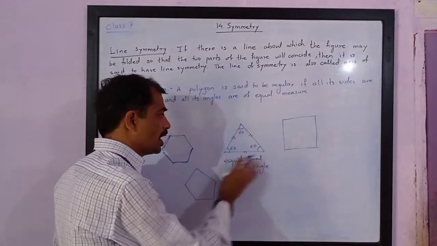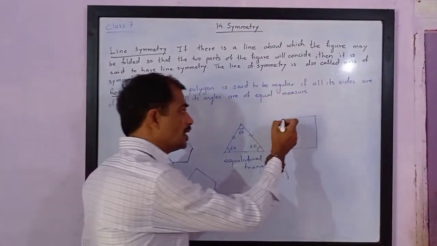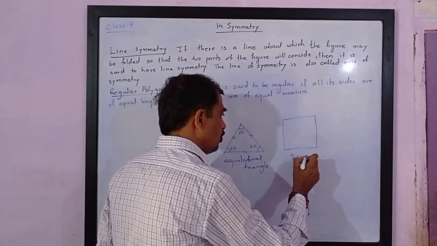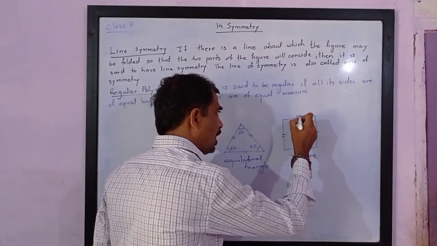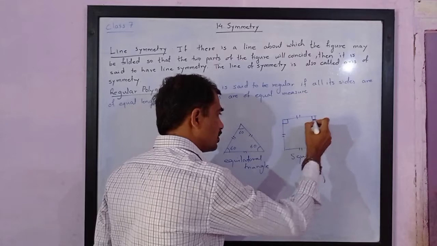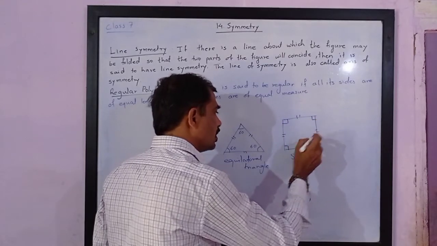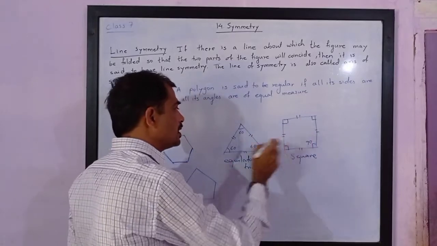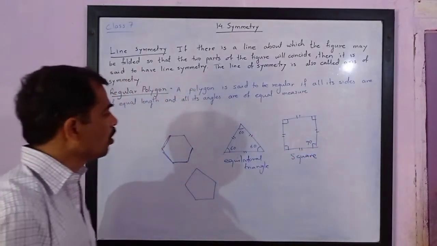The reason is all sides are equal and all angles are also equal. Now next is the square. In a square, all sides are equal and all angles are right angles, all 90 degrees. So a square is also a regular polygon.